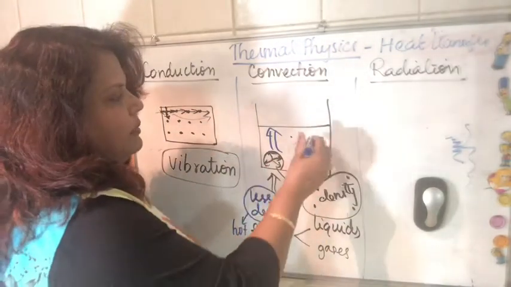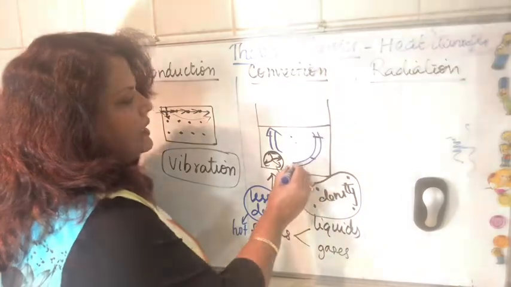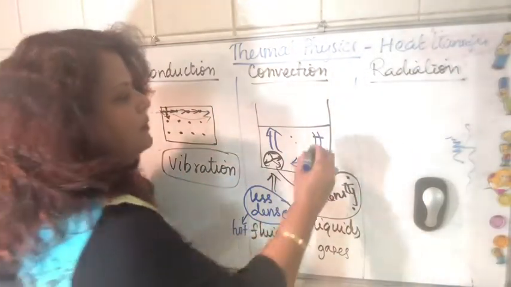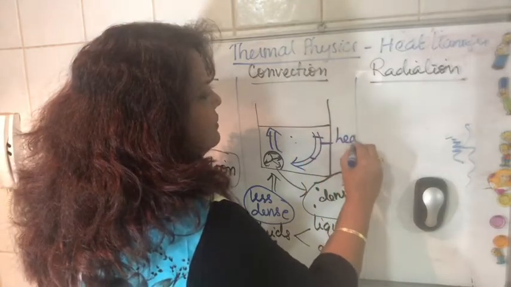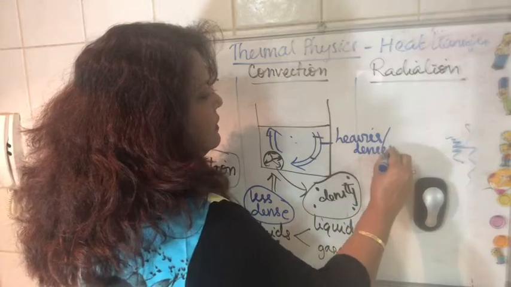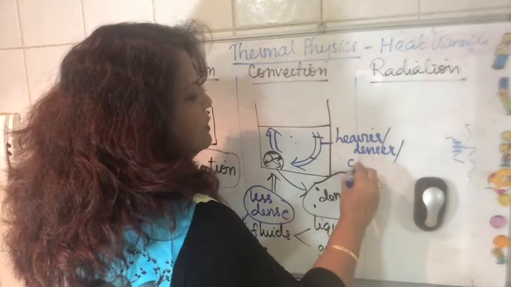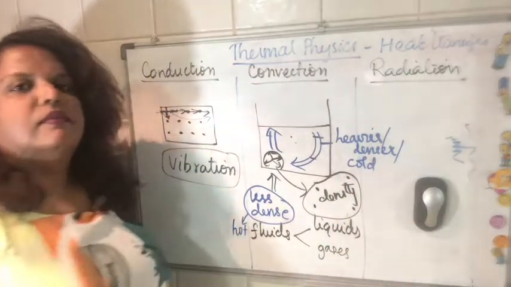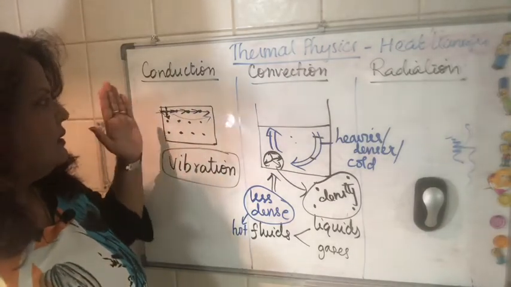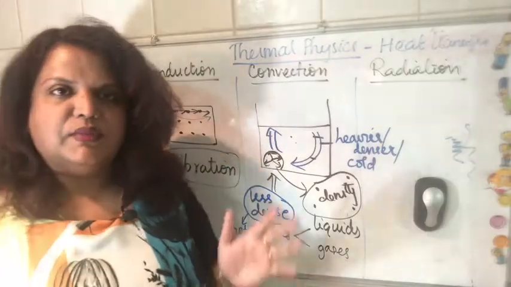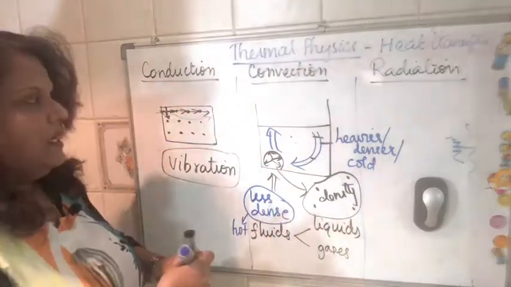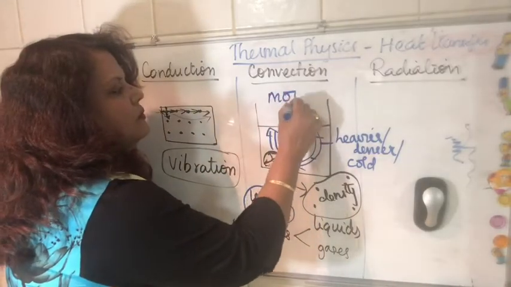The space occupied by this will now be taken over by the other part of the liquid, which is heavier or denser, and is cold as well, right? So what's the difference here? In conduction the molecules are in their fixed position, they only transfer the energy, but here the molecules are actually moving.